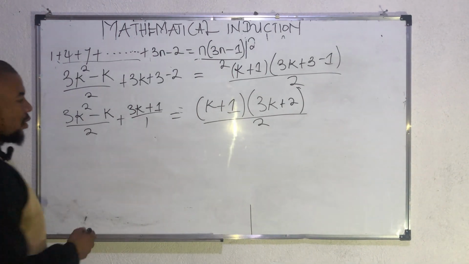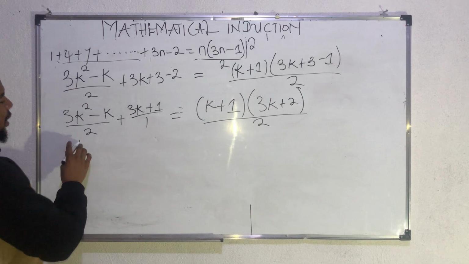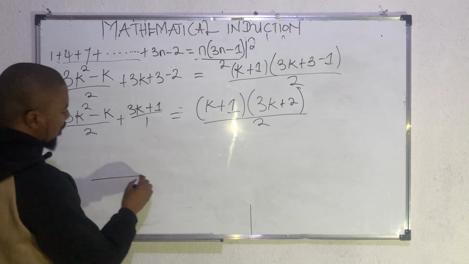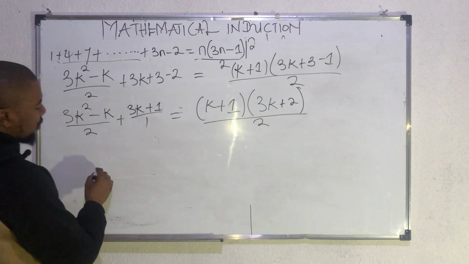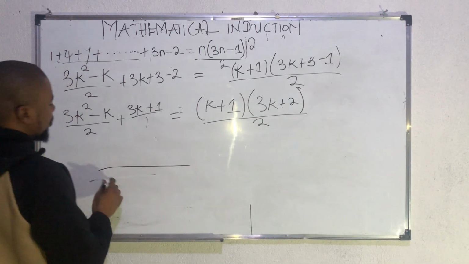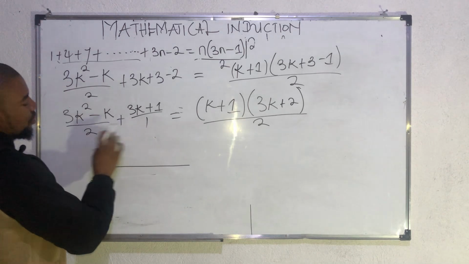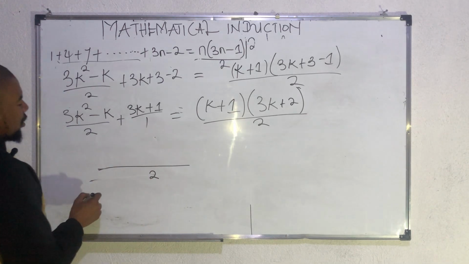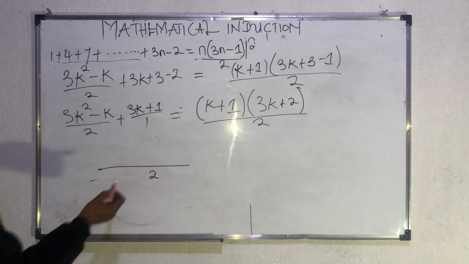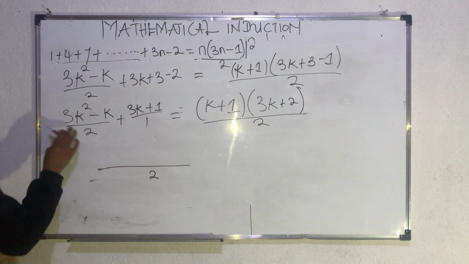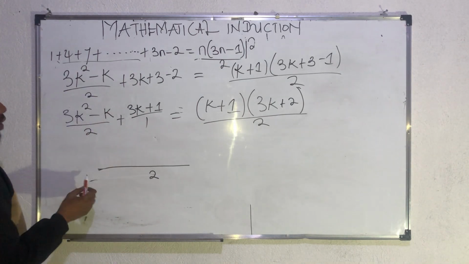To combine these fractions, we simply get the LCM of the denominators. To get the LCM of the denominators, we're simply going to draw a line here, and the LCM of 2 and 1 is simply 2. Okay, so 2 divided by 2 will give us a 1. Hence, we multiply the left part by 1.